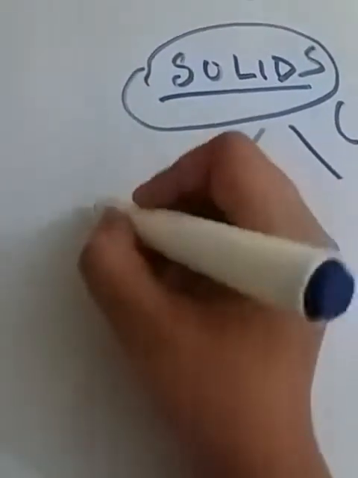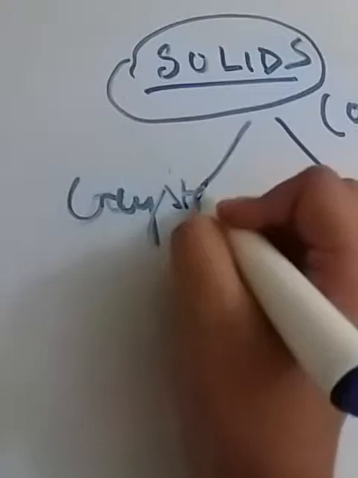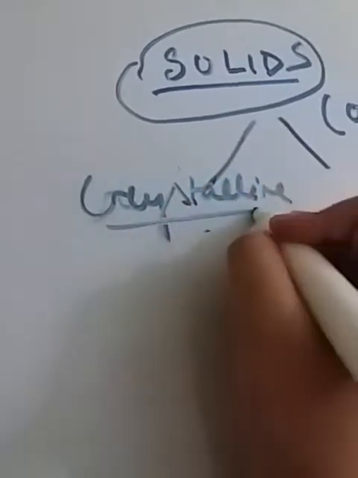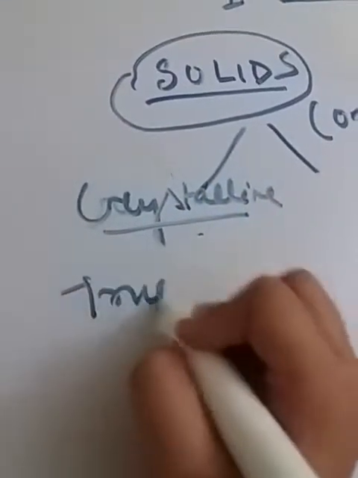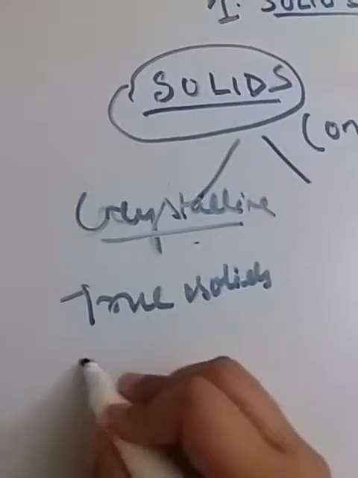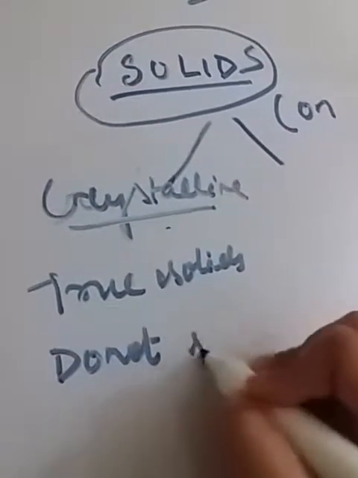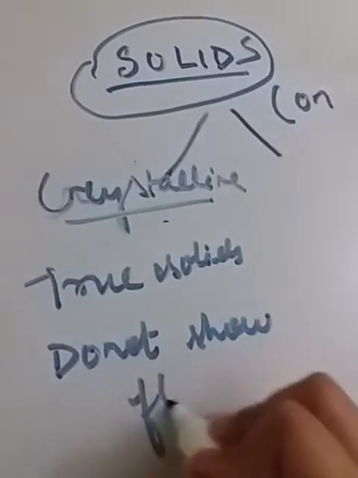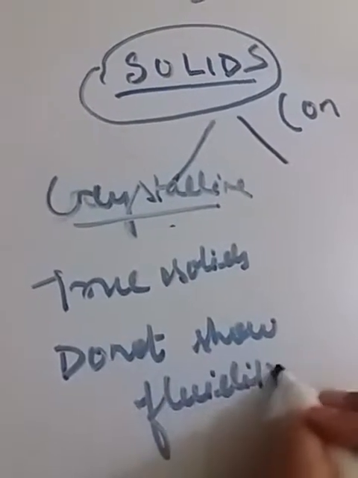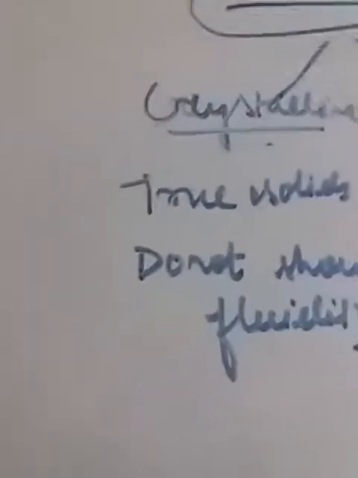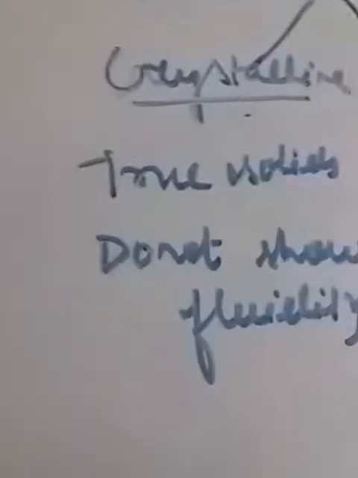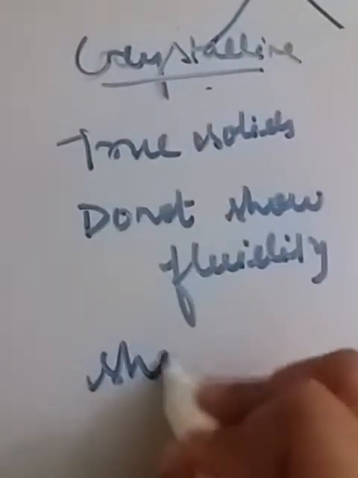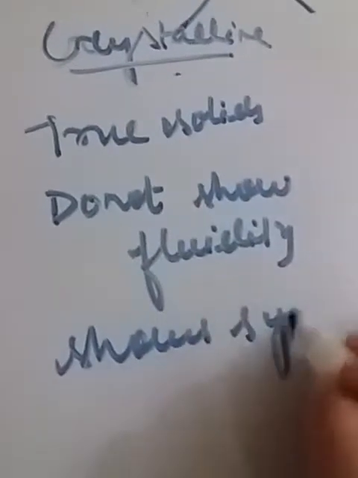Then crystalline solids are known as true solids and do not show fluidity. They are true solids. Then they show symmetric elements.